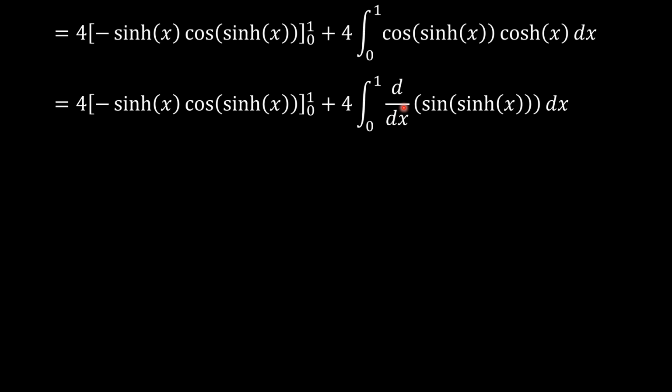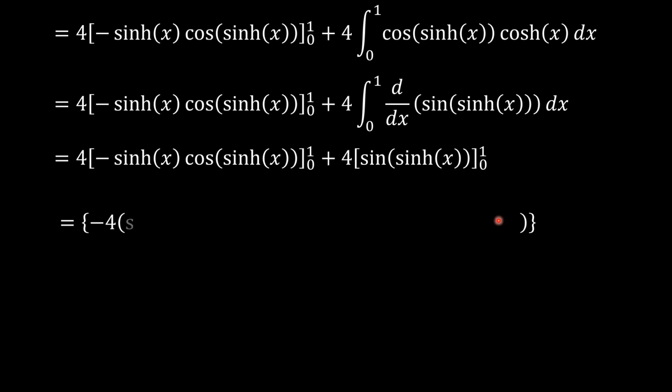So what we're doing here is these two processes will cancel each other, and we have this function sine of the sine of hyperbolic sine of x with the limits applied to it, and these functions are continuous within this domain.